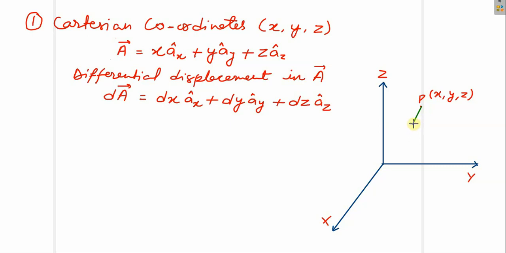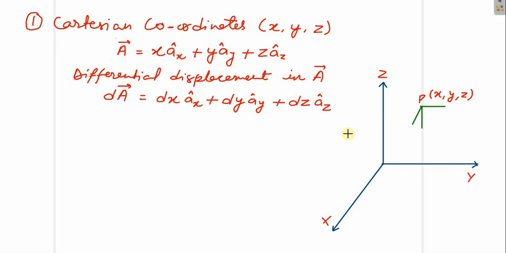Parallel to the y-axis we can have the differential element like this, and similarly parallel to the z-axis we can have the element like this.